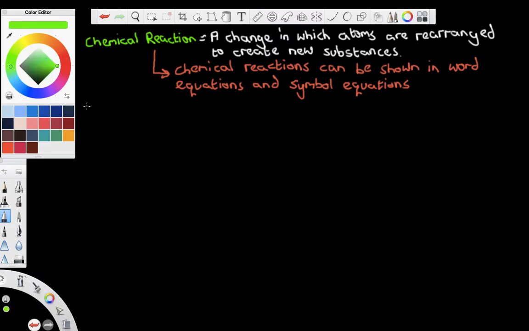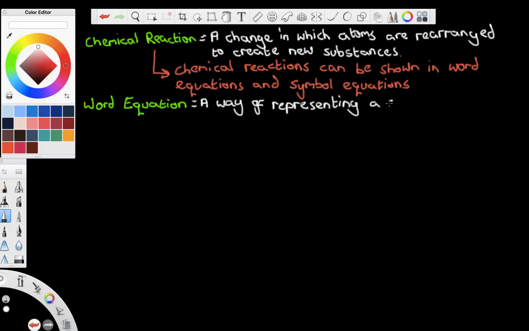So a word equation can be defined as the following: a way of representing a chemical reaction simply. Okay?